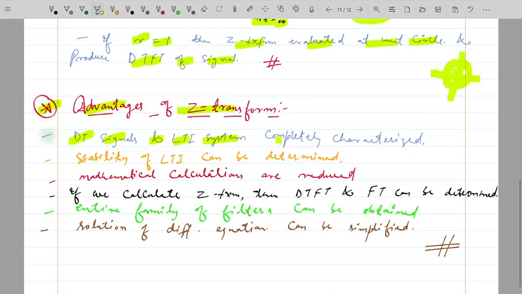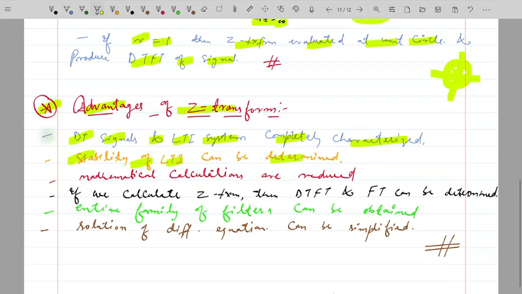With the help of the Z transform we easily find the character of discrete time signals and linear time invariant systems. We can also easily determine whether the system is stable or not, and some mathematical calculations are reduced if we use the Z transform.